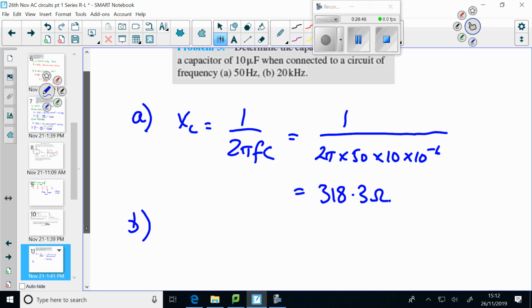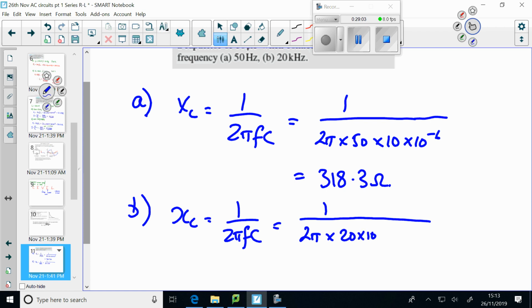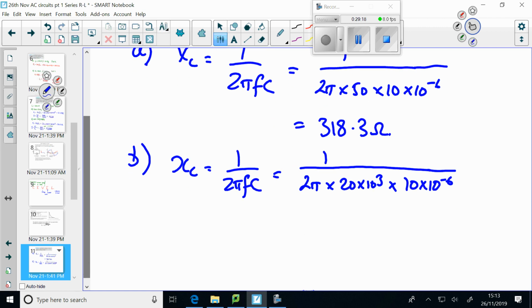B, XC, 1 over 2 pi FC. That is 1 over 2 pi times 20 times 10 to the 3 times 10 times 10 to the minus 6. Remember, right up front we learnt these indexes used for multiples and submultiples. 0.796 ohms.